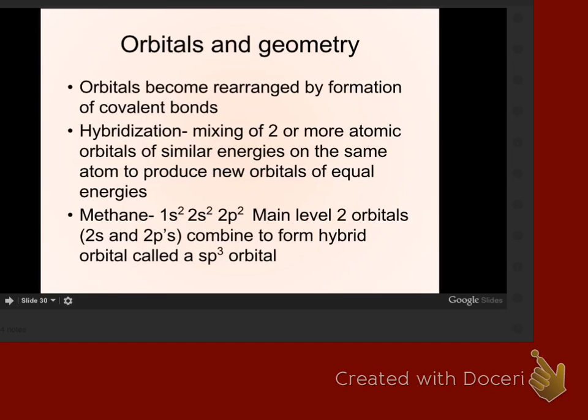So looking at this side, which is the sort of data table, for each compound that is listed, you're going to look at the number of lone pairs on the central atom. That could be 0, 1, 2, it depends. We're only interested in lone pairs on the central atom. How do you figure out what's central?